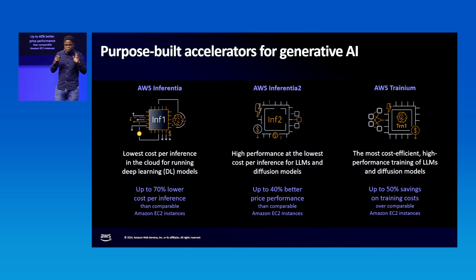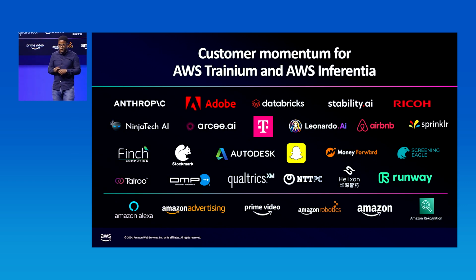These cost and performance benefits make these accelerators very attractive for deploying your AI workloads. And let's look at some customer success stories that affirm this. There is a rapid adoption in the growth of these accelerators across various industries and use cases.